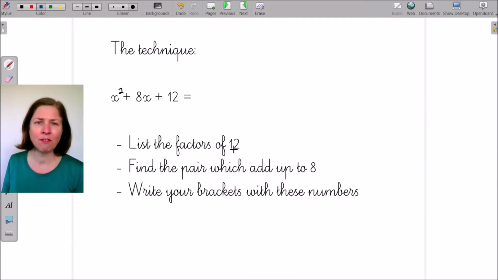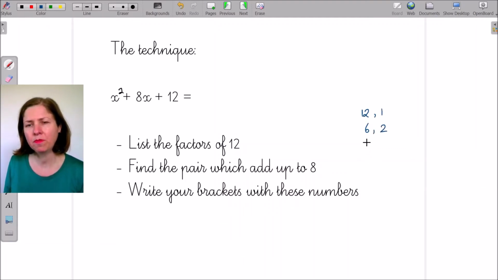If I'm looking at whole numbers, there's a limited number of numbers which will multiply to give me 12. So let's do that. The factors of 12 are 12 and 1, 6 and 2, and 3 and 4. There's only 3 possibilities. And then I just have to check which of those pairs add up to 8. 6 and 2.